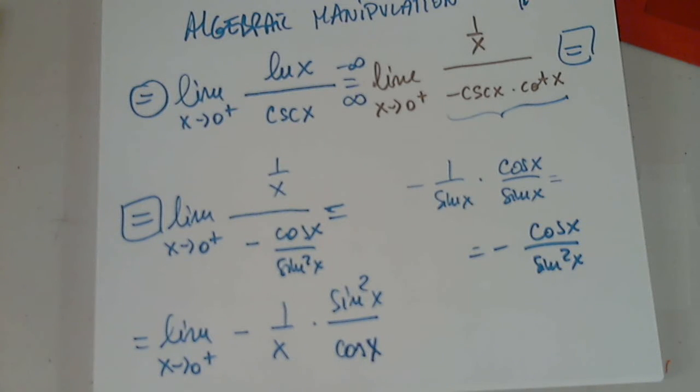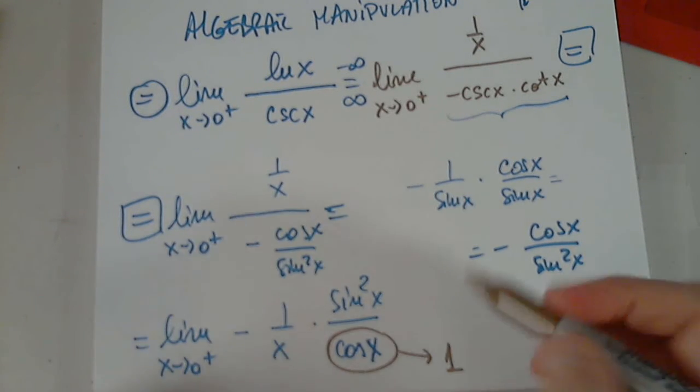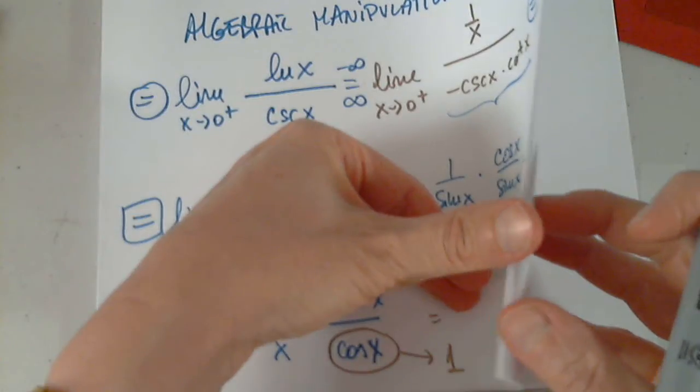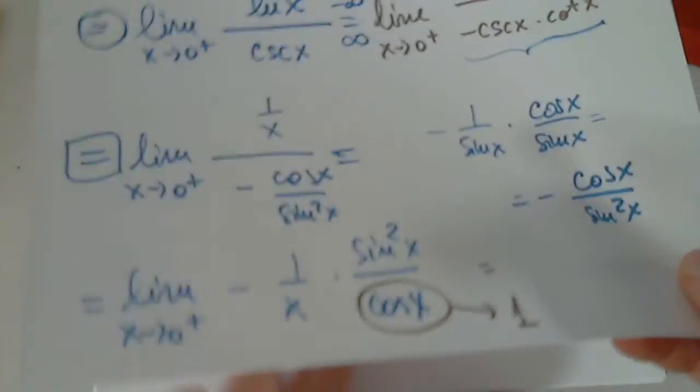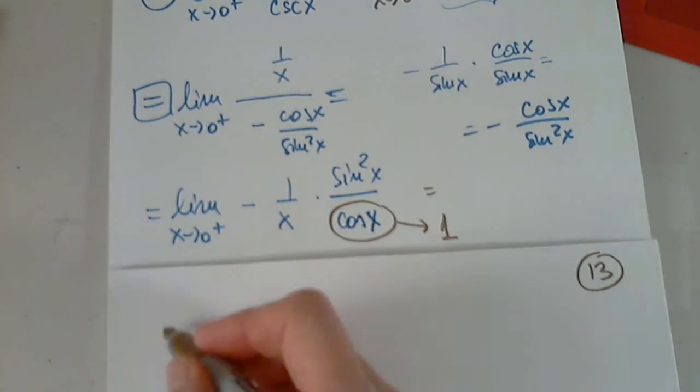And now I know that when x approaches 0 from the right or left, it doesn't matter for cosine, this will approach 1. I also know that the limit of sine x over x when x approaches 0 will be 1, but only one of them, right? So let me rewrite it so you understand what I'm trying to do. I will rearrange it so I can explain better.